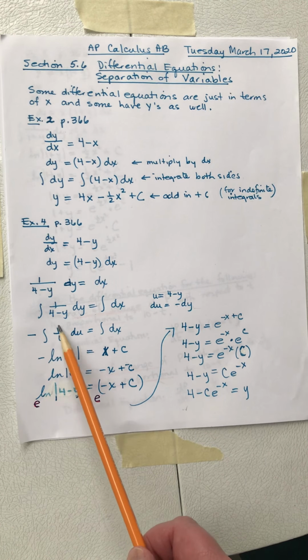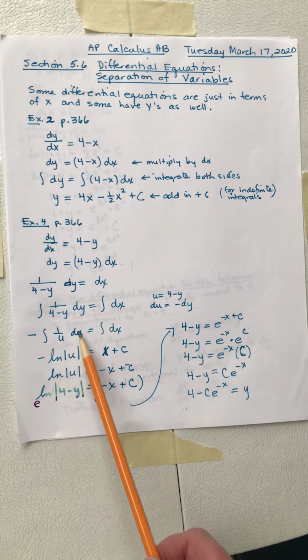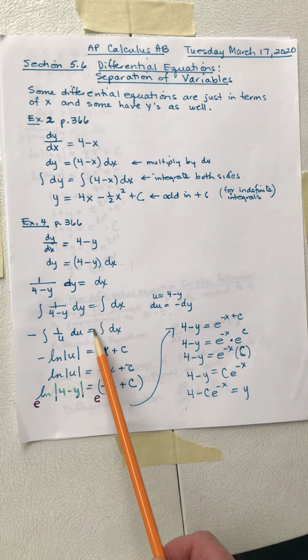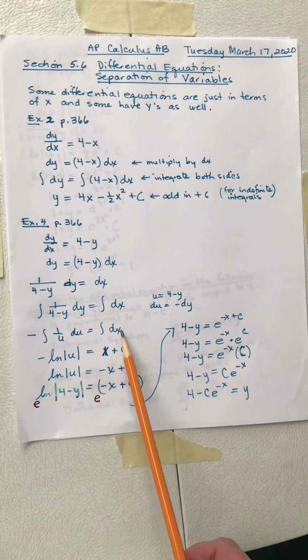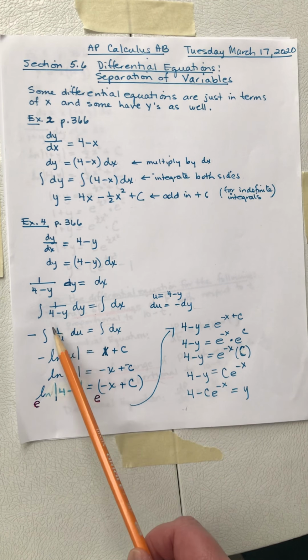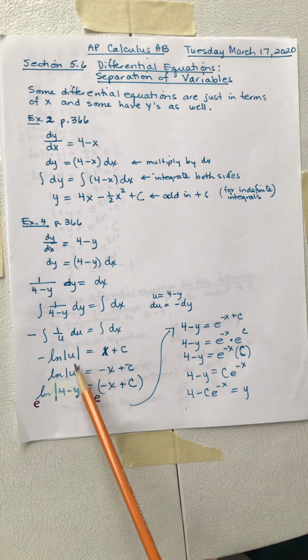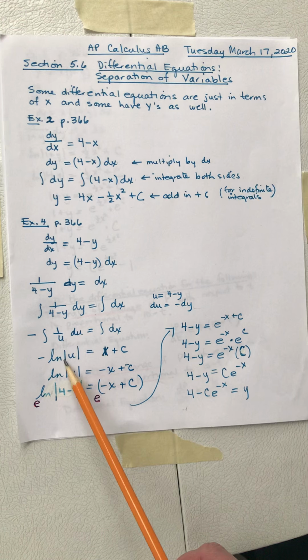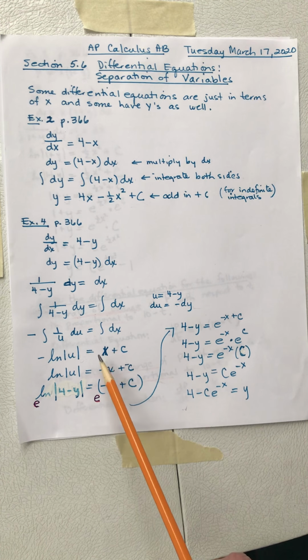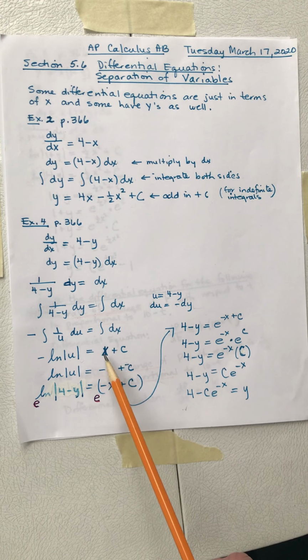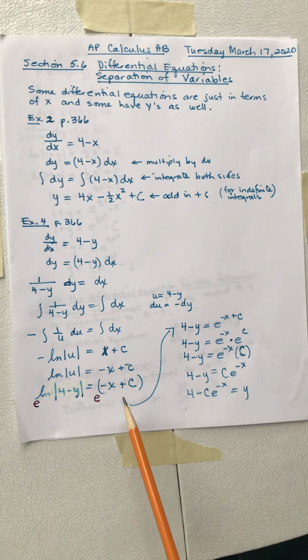And now I'm integrating 1 over u du, which you are experts at. And on the right, I'm integrating 1 dx. So now, the antiderivative of 1 over u, everybody knows, is the natural log of the absolute value of u. And we bring down our negative. We integrate 1 dx, and we get x plus our constant.